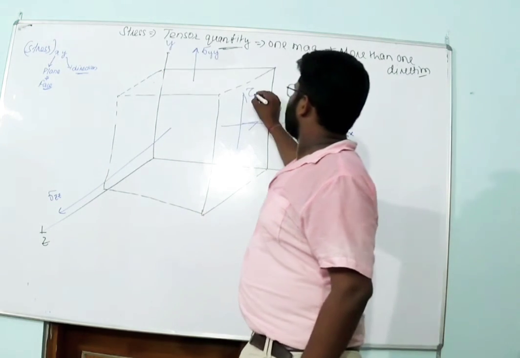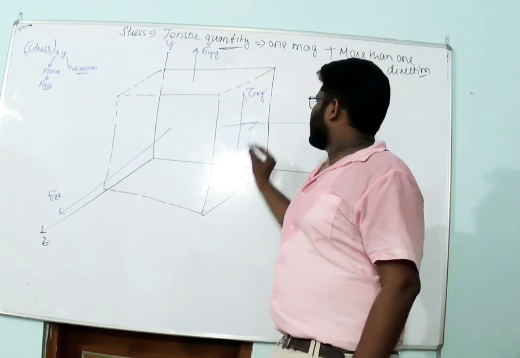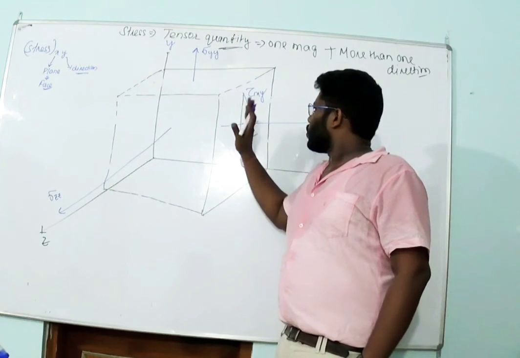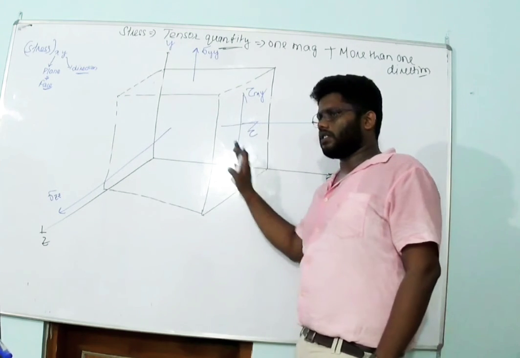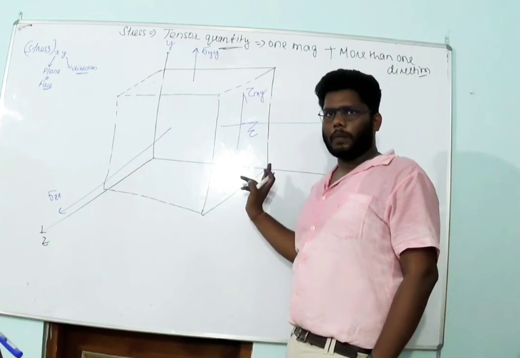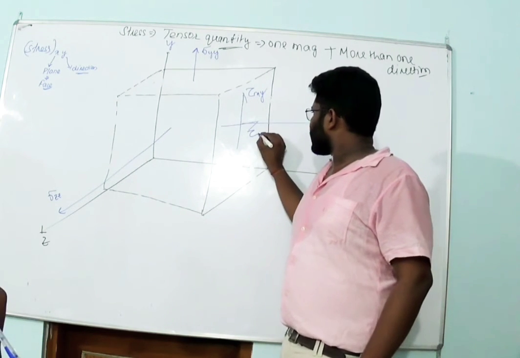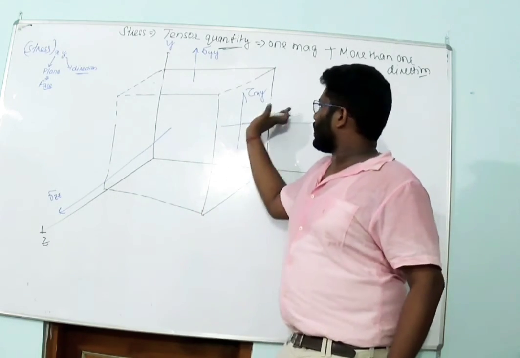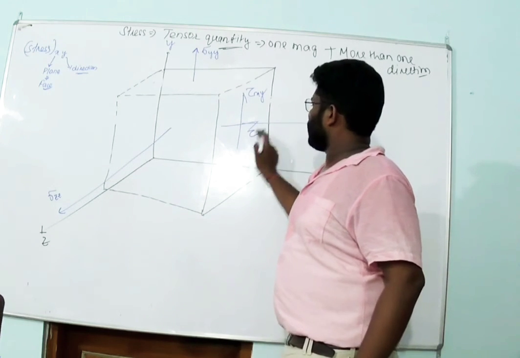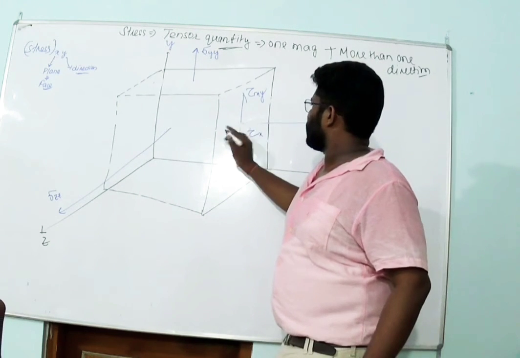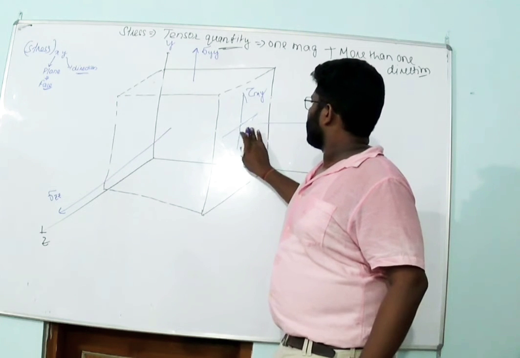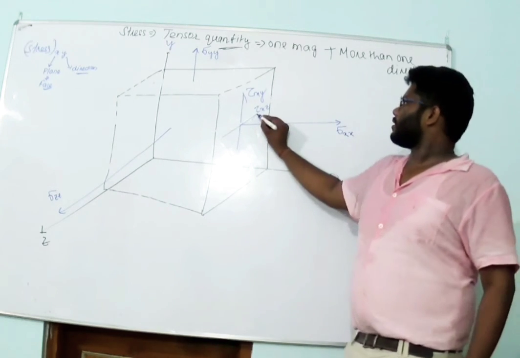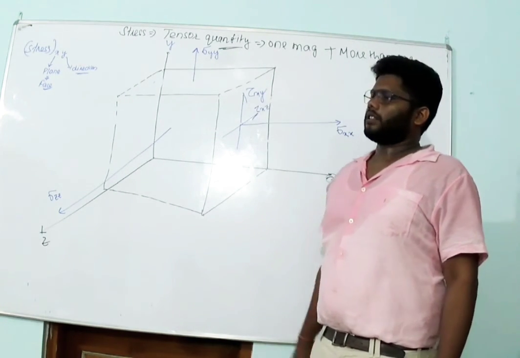So this is y direction. So x, y. Tau xz, this one is tau xy.